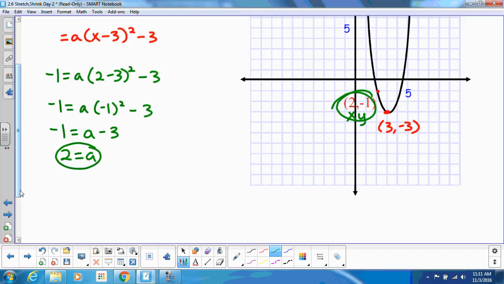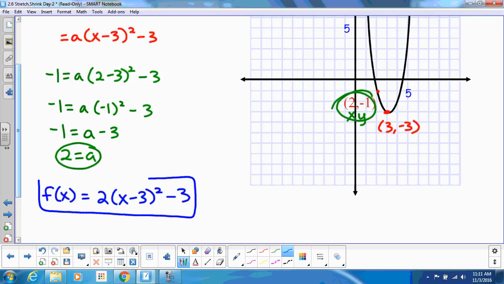So then I can write that back into my equation: 2 times (x - 3) squared minus 3. That will help you even if A is negative, even if you open down, it will give you the negative value for that.